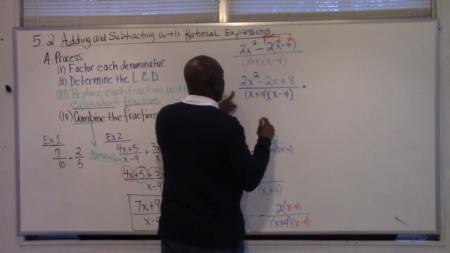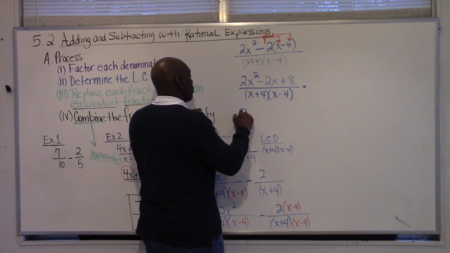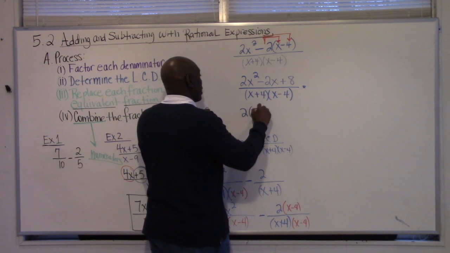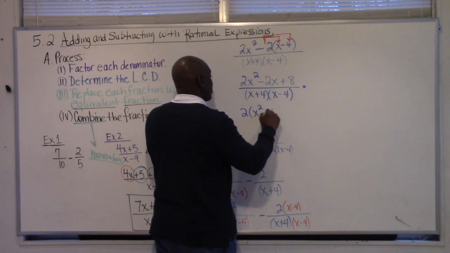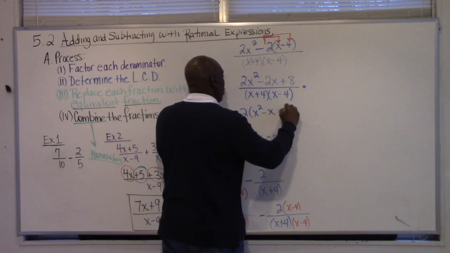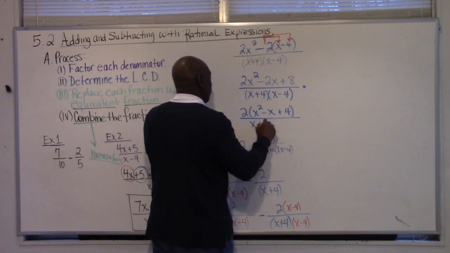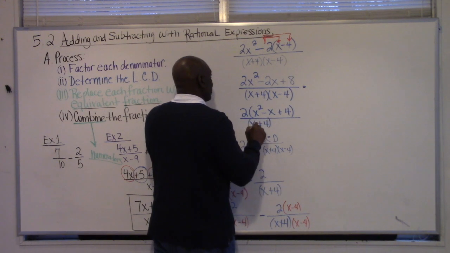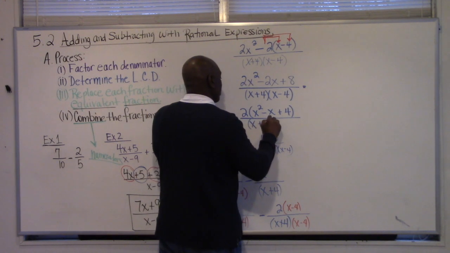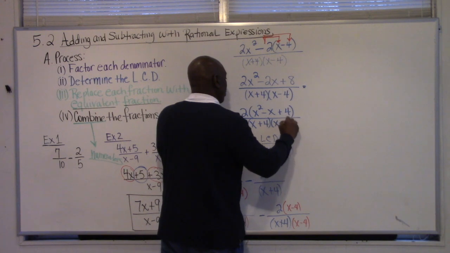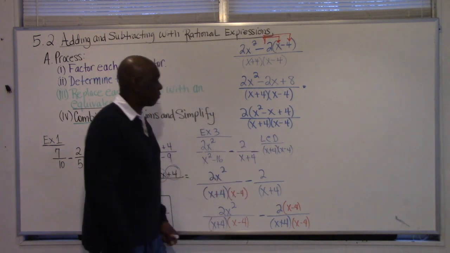I don't think it's going to make much of a difference, but let's see. 2 times x squared minus x plus 4, all over x plus 4 times x minus 4. And that's as far as we can go.